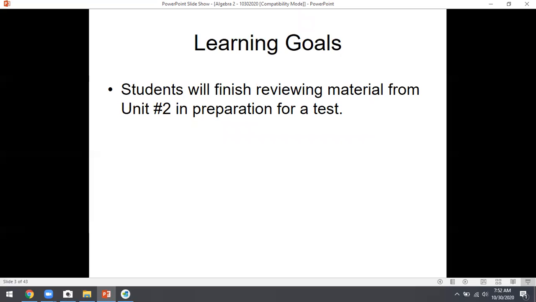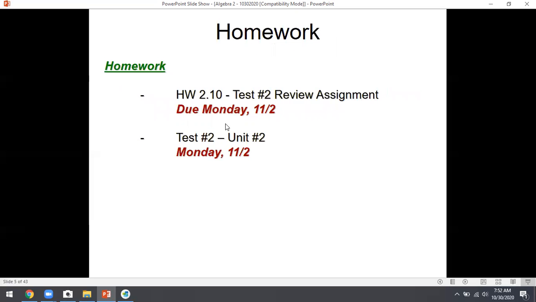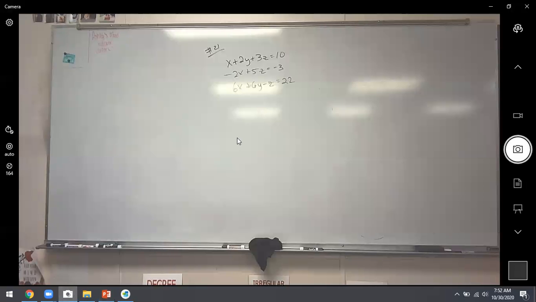So learning goals today, just kind of finish up your review. Remember that the review assignment is due on Monday, because your test is on Monday, so have them both ready to go. And hopefully they're both ready to go before you even leave class today, at least the review.